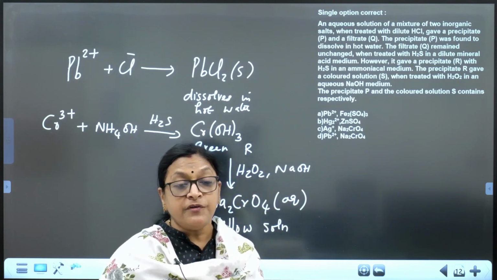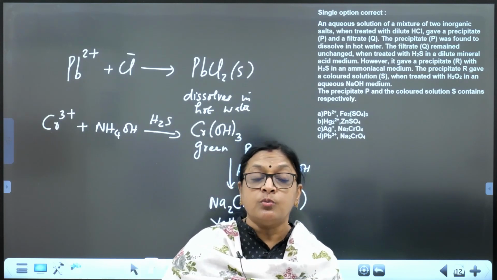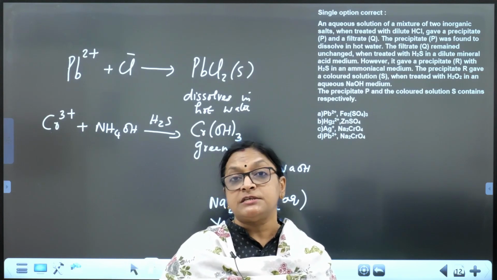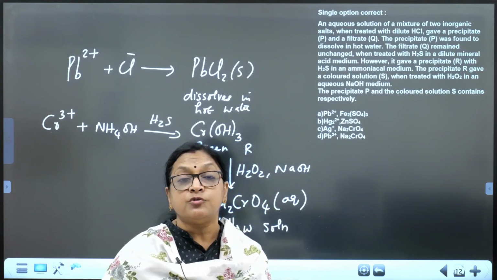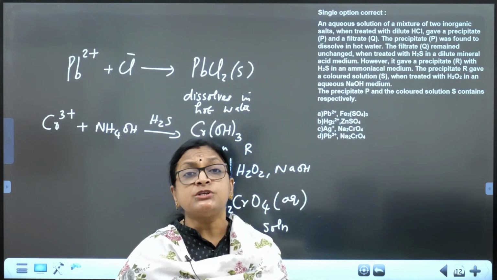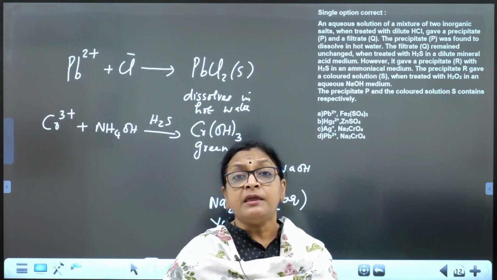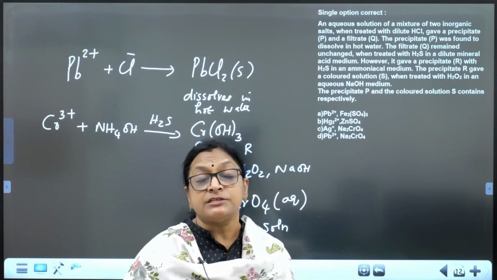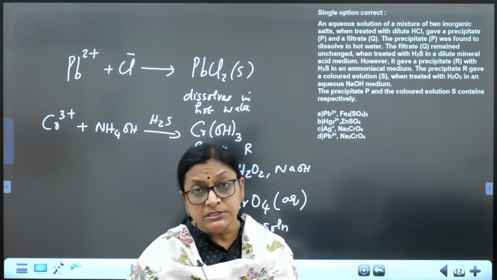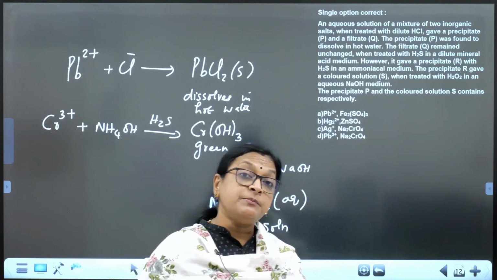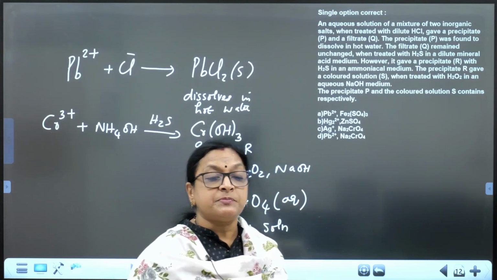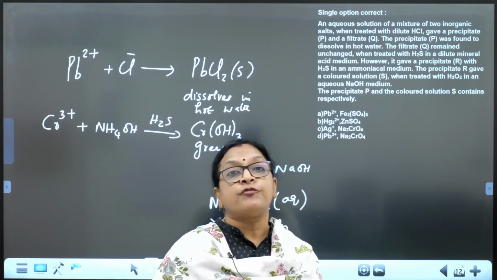To begin with, PbCl2 is water insoluble but dissolves in hot water, which gave us the conclusion that Pb2+ must be a cation in one of the inorganic salts. The next clue says it must be a cation which is precipitated with ammoniacal H2S and is oxidizable by H2O2 in alkaline medium, and that product is a colorful product, it is said.